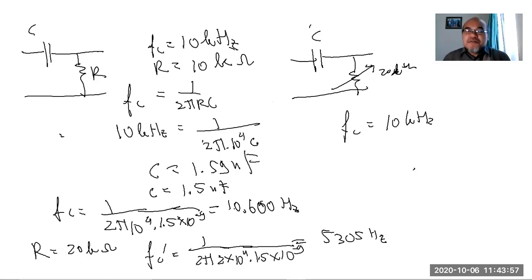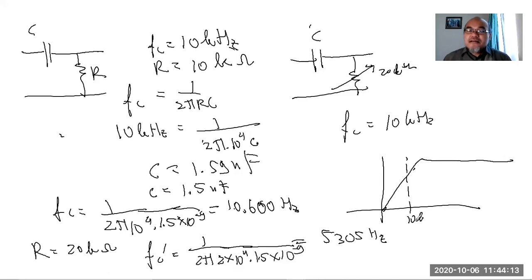Then what you could do is put a potentiometer like this instead. So from here what we will have is a high pass filter with cutoff frequency 10 kilohertz.